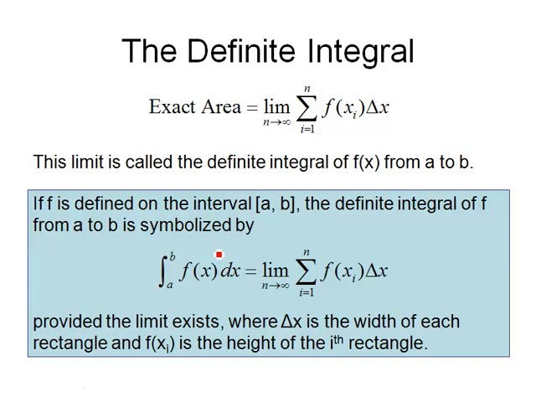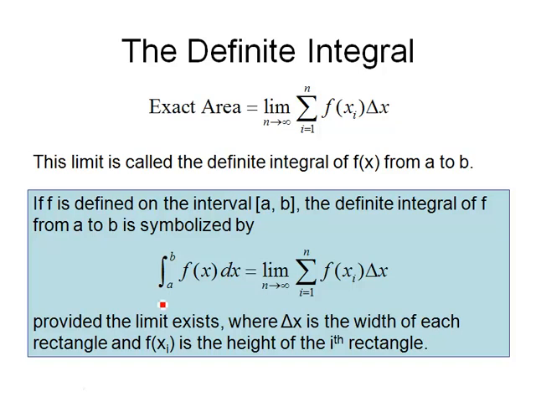So our blue box here says if f is defined on an interval a to b, the definite integral of f from a to b is symbolized by a definite integral, and now notice that we've put a to b on here, that tells me that the area that I'm finding goes from a to b and is under f of x. The dx tells me the variable that we're working with.